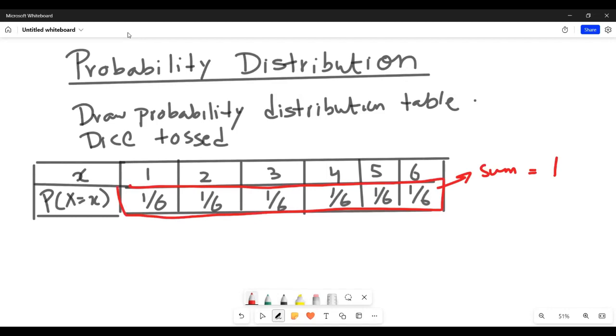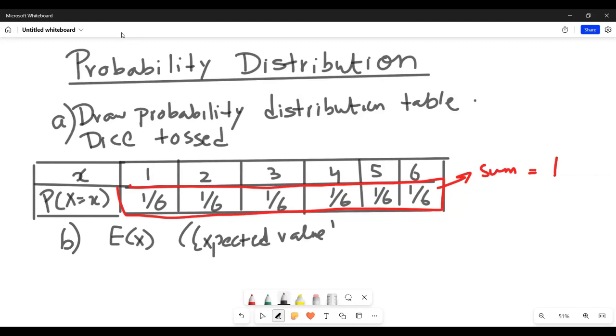Okay. In most of the questions in part A, they'll ask you to draw a probability distribution table. In part B, they'll ask you to find the expected value. This is called expected value. This is basically the mean. But now since it's in table format, they'll call it expected value. Okay.